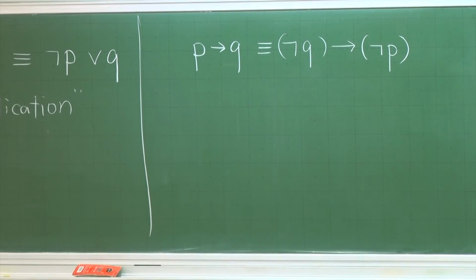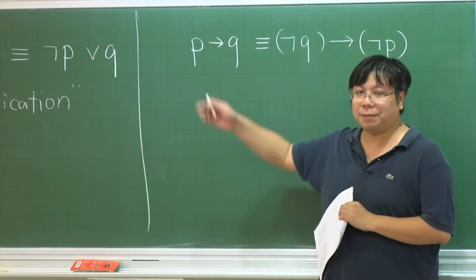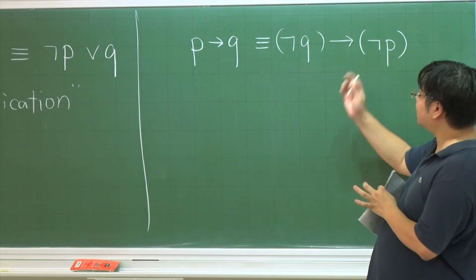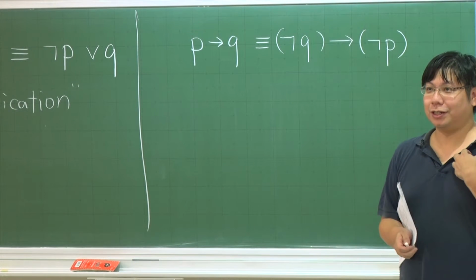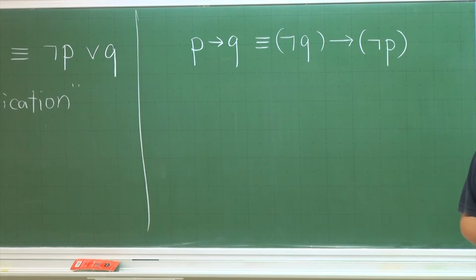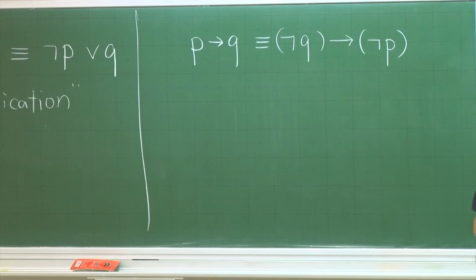So we can use the meaning of P implies Q to help us understand briefly why this is correct. For instance, I just said that if I'm rich, I will buy him an ice cream. We don't know whether this is true or false, but assume that this is true. Then it is the same as, let's take a look at what I'm going to say.